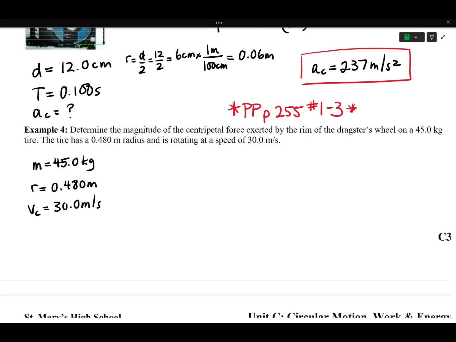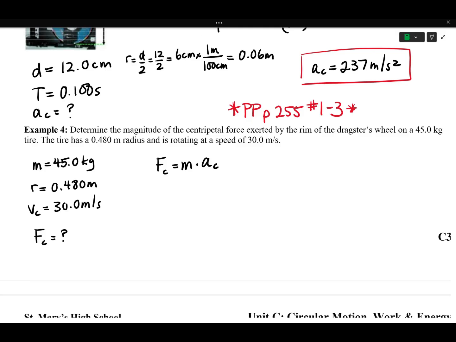They want us to calculate the magnitude of the centripetal force. So FC is our question mark. Centripetal force is just like a net force. So I can calculate the net force, or the centripetal force, by taking the mass and multiplying by centripetal acceleration.